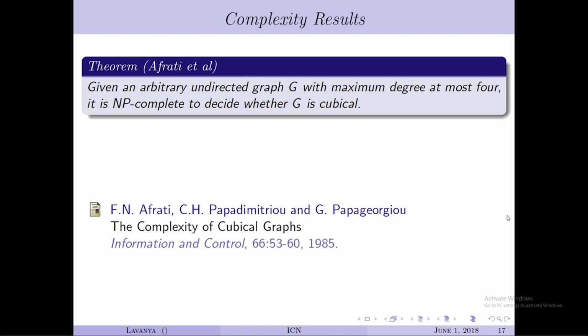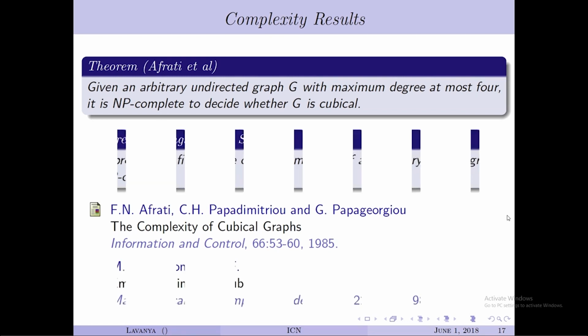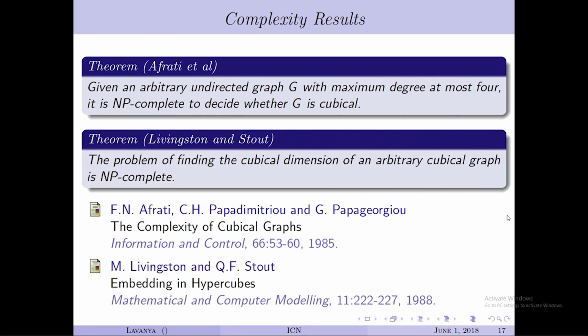For degree 3 we can do it easily, but degree 4 is a little complicated. Similarly, to find the cubical dimension: first of all, checking whether it is going to sit inside some hypercube as a subgraph is difficult. If at all I tell you yes it is cubical, then finding the cubical dimension, in which hypercube it will sit as a subgraph, is also again NP-complete.